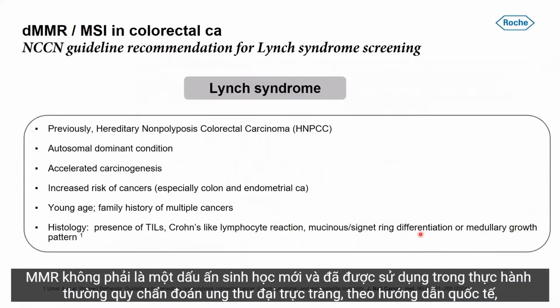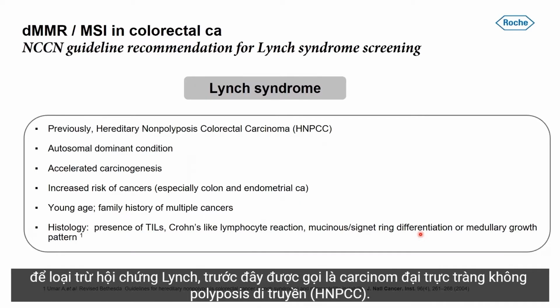Now, MMR is not a new biomarker, and it has been used in routine practice in colorectal cancer as per international guidelines to rule out Lynch syndrome, previously called hereditary non-polyposis colorectal carcinoma or HNPCC.